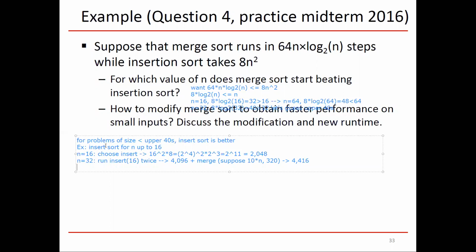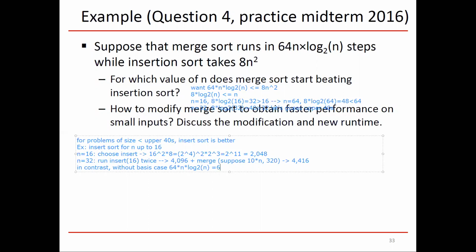And in contrast, without this base case, we would have 64 times n times log base 2 of n. Recall, n is 32, log of n is 5.